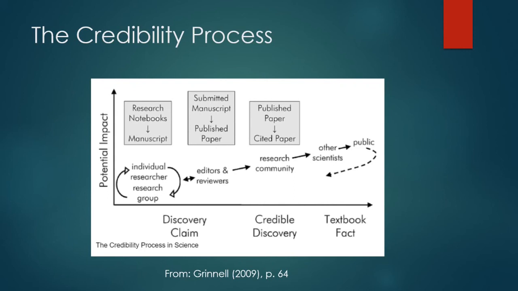Once they have a discovery claim, they send it off to some journal where it goes to editors and reviewers. If it makes it past that stage, they get it published. And if it gets published, then if it's a good one, or if it's one that people find credible, they will cite it and use it going forward as the basis for doing further science. And then there's an even further depth into the credibility process.